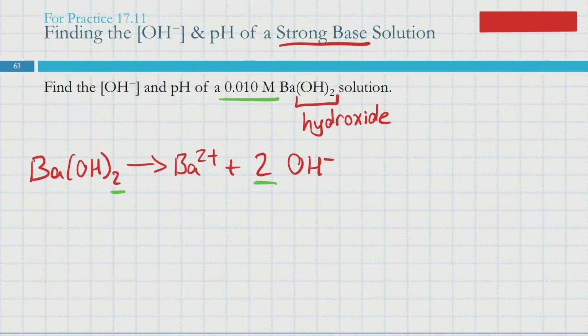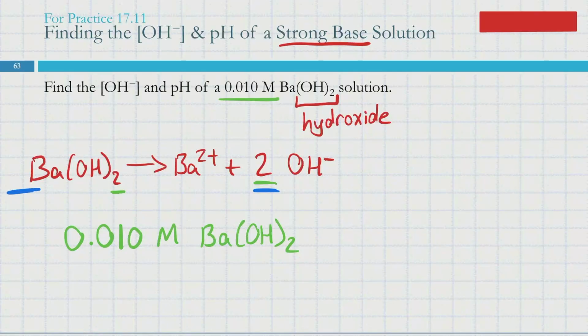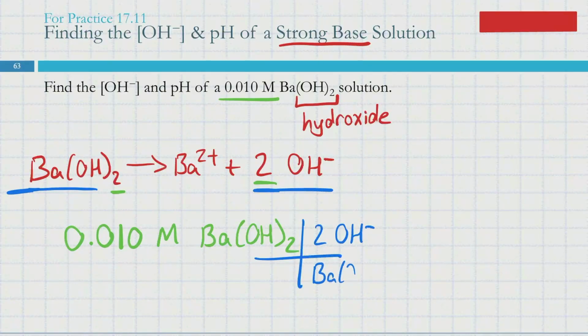So starting from our 0.010 molar barium hydroxide, we can use our dissociation equation and some stoichiometry from that to calculate our hydroxide concentration.